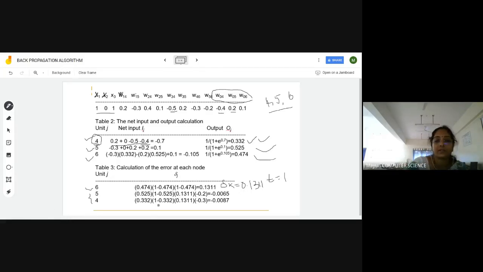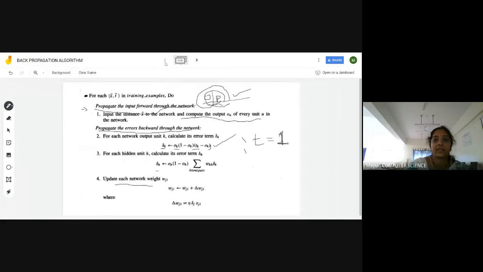The next thing we have to do is calculate the error at the hidden layer. Remember, the output layer error calculation formula is different, whereas whenever you are calculating the error at hidden layers, its formula is different. Since we have only one hidden layer, we don't need to bother much.